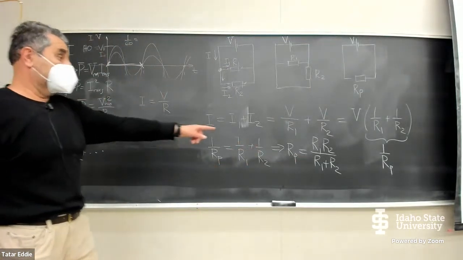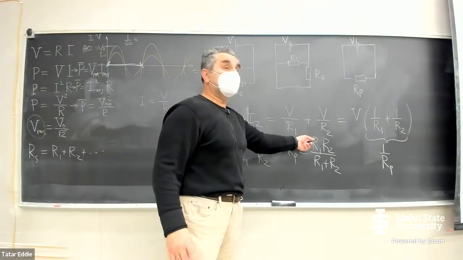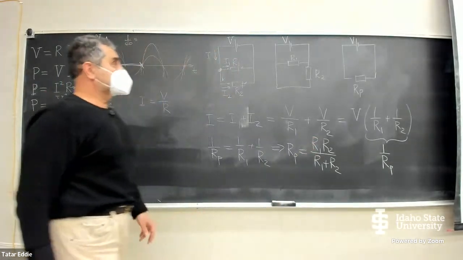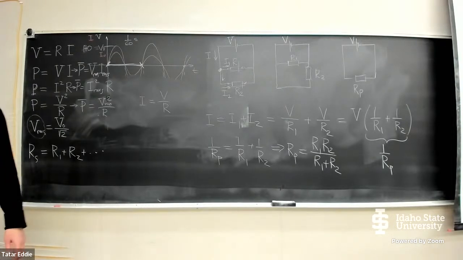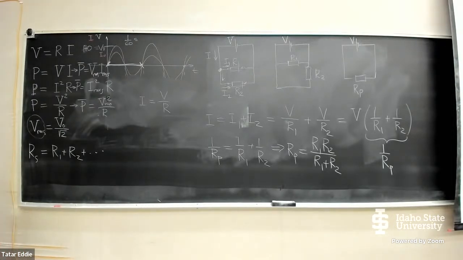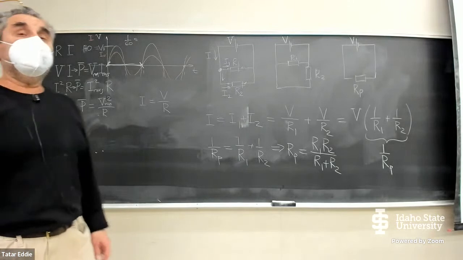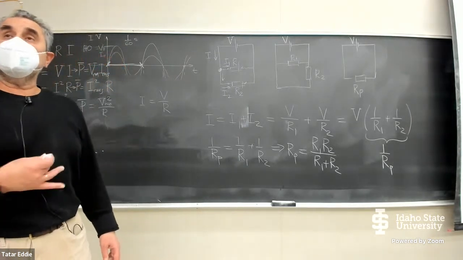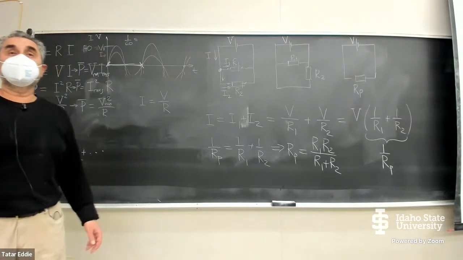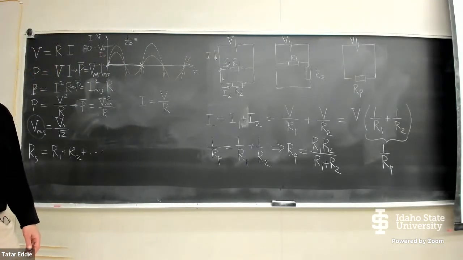So RP has the value of product divided by sum. Now, what does the P stand for in RP? The subscript P stands for parallel. The two resistors we say are connected in parallel.